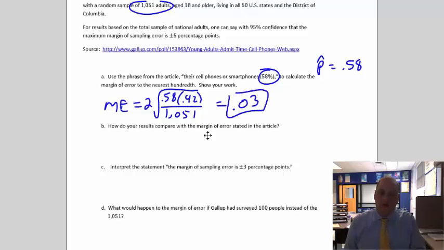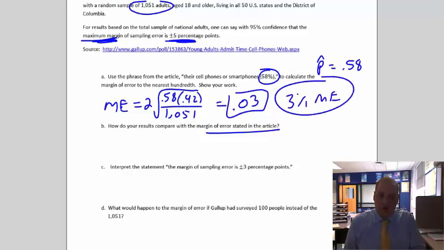And how do your results compare with the margin of error stated in the article? Well, they said maximum margin of error plus or minus 5 percentage points. This is a 3% margin of error. See that? 0.03, 3% margin of error. So how do our results compare with that margin of error? They compare very well.